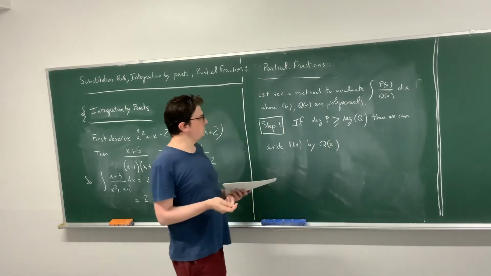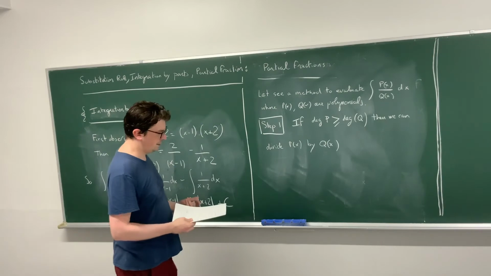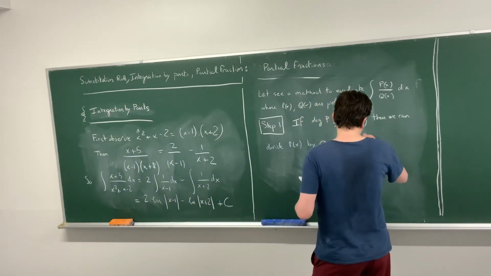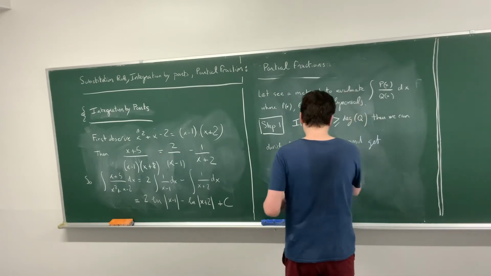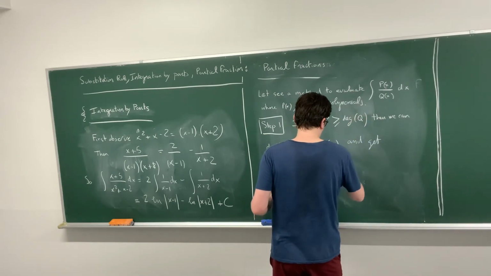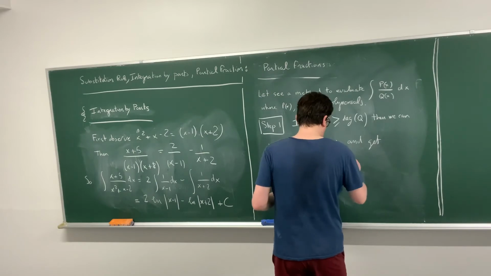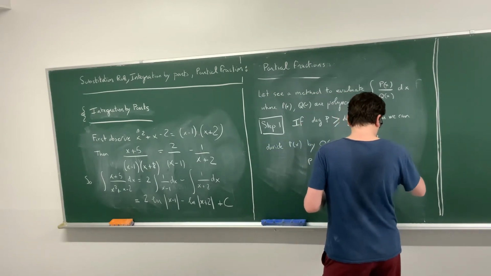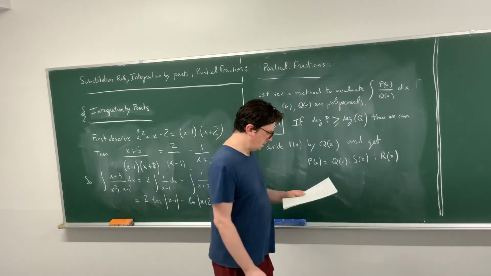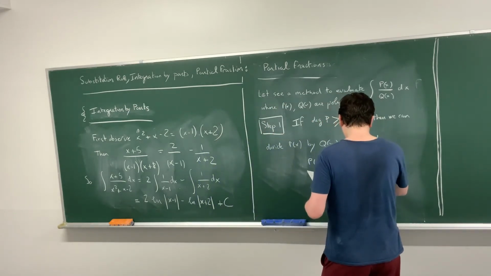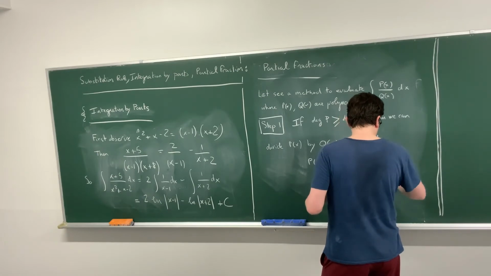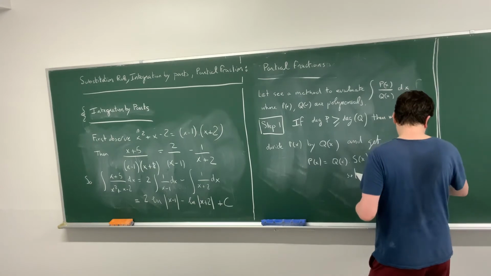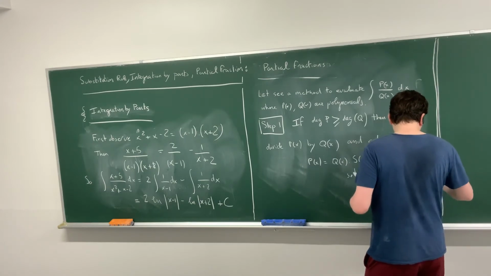So basically we will use the so-called Euclidean algorithm and get p of x equal q of x times something, s of x, plus another function r of x, such that the degree of r of x will be strictly less than the degree of q.